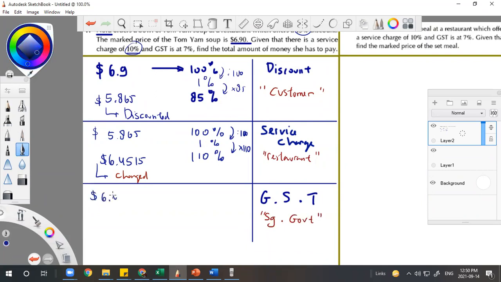So 6.4515 is also reset 100%, and kena tax 7 increase dong pasti yang you bayar kan. Jadi 107%, right? So 1% di sini, you divide by 100, you multiply by 107.